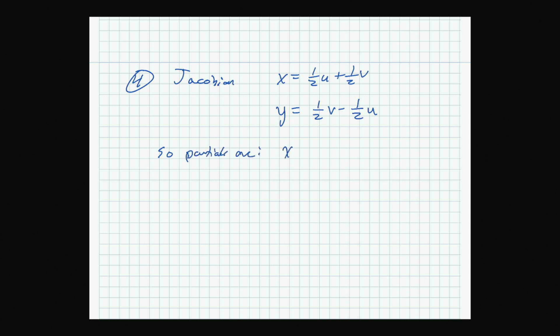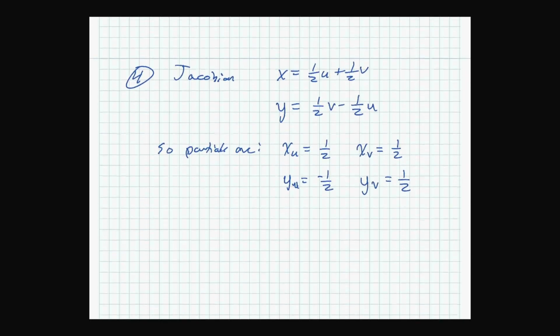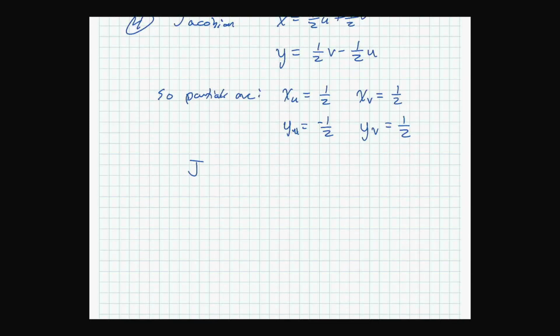So your partials: xu is 1/2, xv is also 1/2, yu is negative 1/2, and yv is positive 1/2. So the Jacobian: top row is x, 1/2, 1/2.